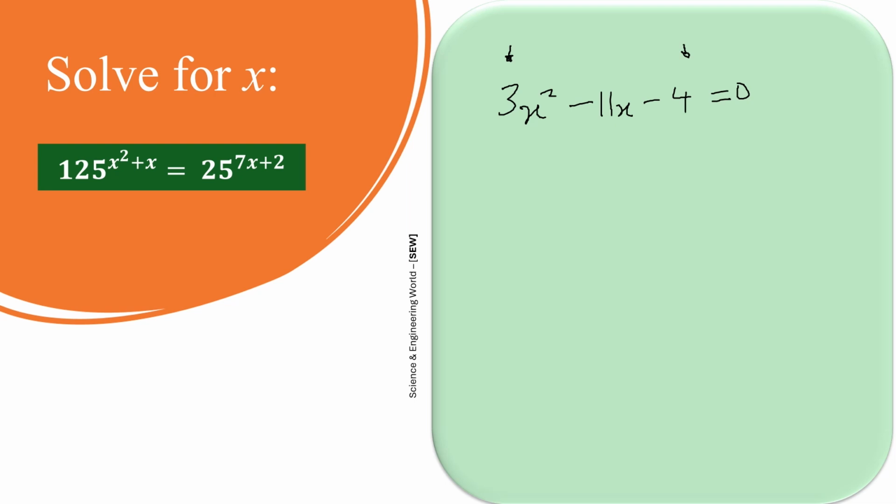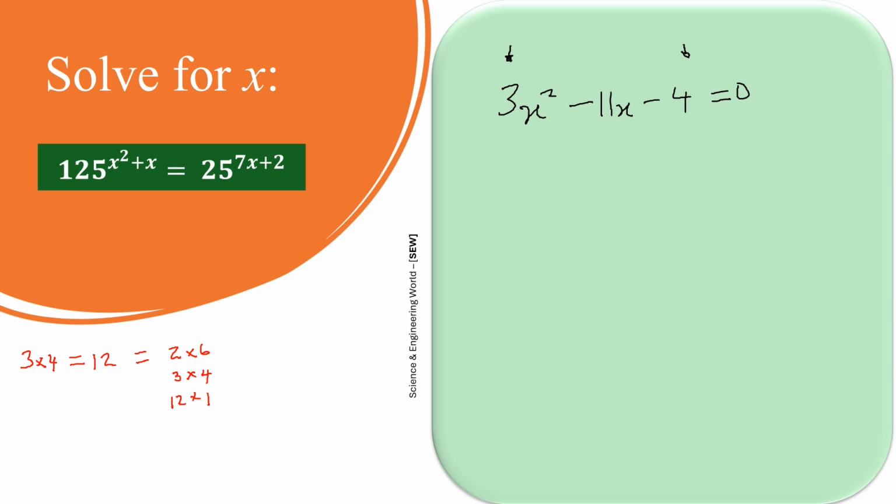Let's look at this. 3 multiplied by 4 is 12. Now what are the factors of 12? We have 2 multiplied by 6, 3 multiplied by 4, and then another one, 12 multiplied by 1.